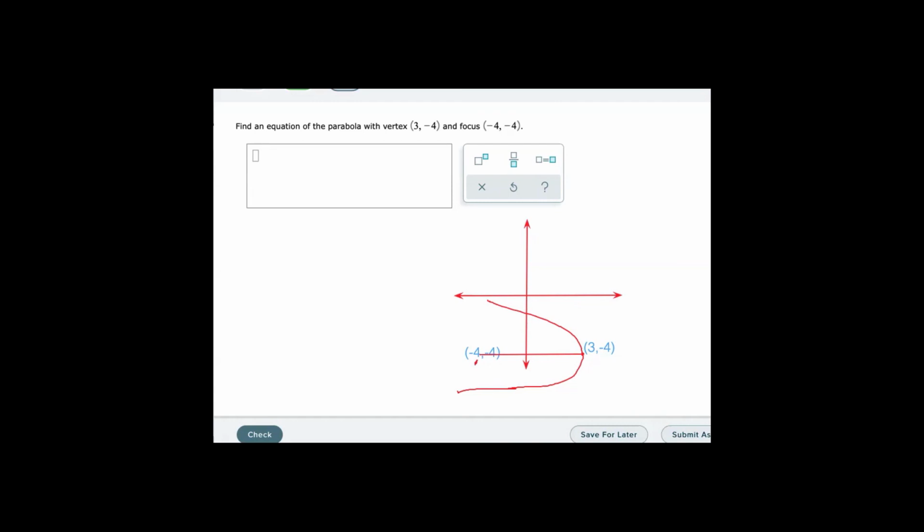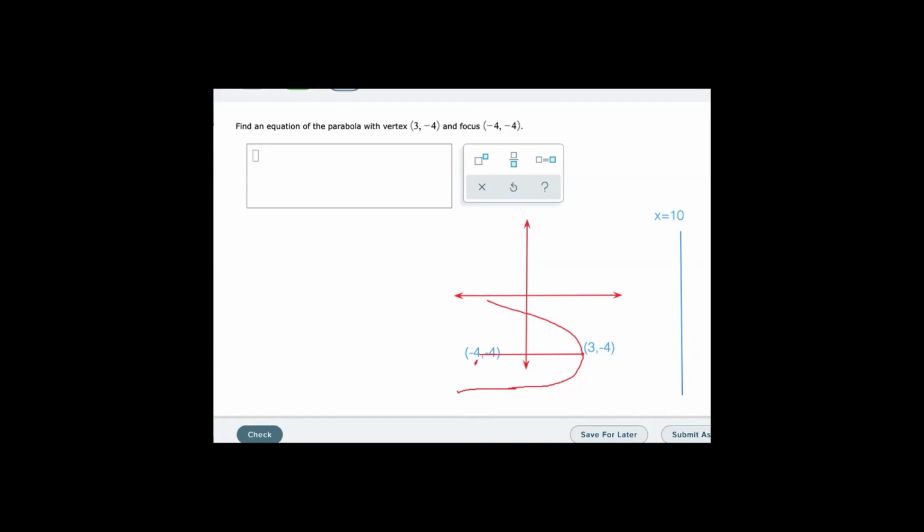But if they had given you the directrix, it would have been 7 to the right, and it would have been the line x equal to, let me change the color, 10. And you say, well, how did you get the 10? Well, if you go 7 to the right of 3, that's how we arrive at 10. So if they had given you the directrix at x equal to 10, you'd know the distance from 3 to 10 is 7.